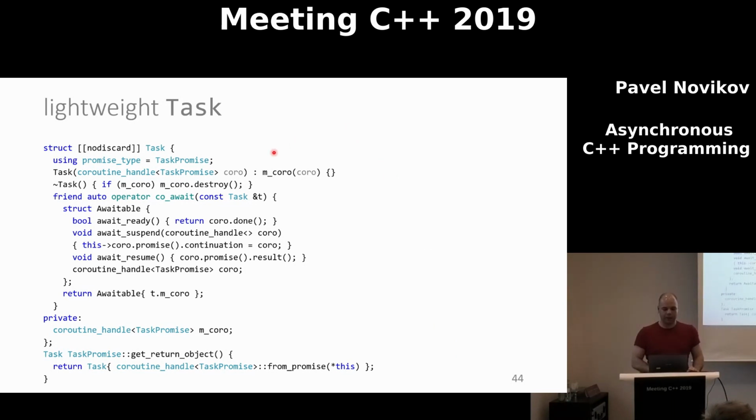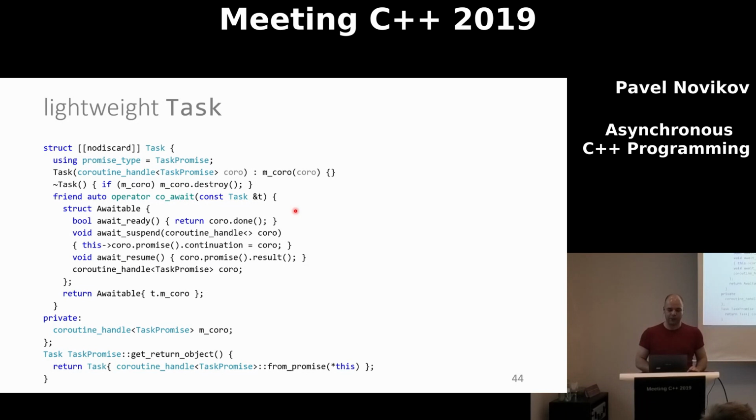That we operate with. We have to have this using declaration, so the coroutine framework knows what type to use as a promise type. Next we have our constructor and our destructor, which destroys the coroutine. We have the co-await operator. This is one way to interoperate with the framework.